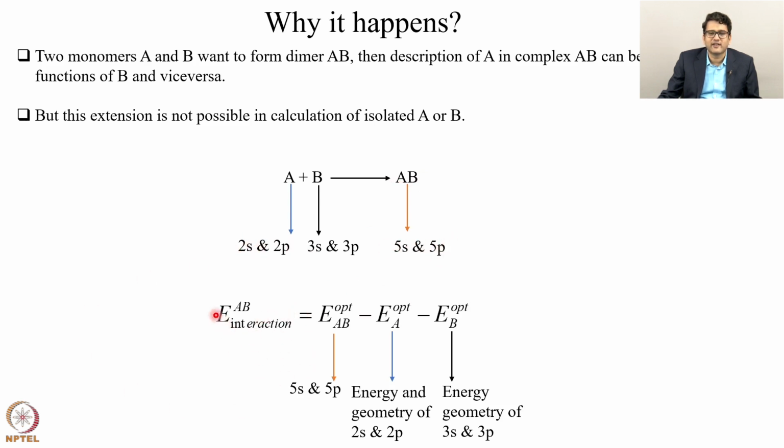So, if I am calculating the interaction energy, the energy of AB is calculated at the 5s5p basis set, whereas for A both the energy and geometry are optimized using 2s2p, and for B the single point energy is calculated using 3s3p. So, this leads to something called a basis set imbalance.